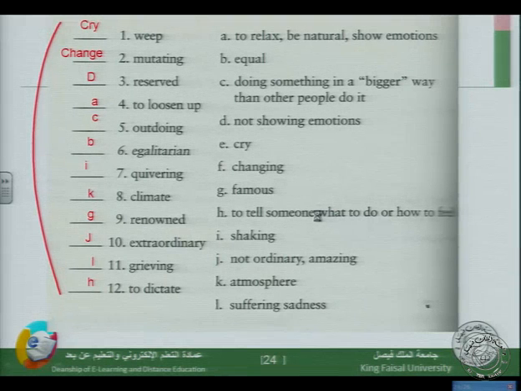Quaking means shaking. Climate means atmosphere. Renowned means famous. Extraordinary means not ordinary, or amazing. Grieving means suffering, sadness. To dedicate, as you can see in H, means to tell something what to do.